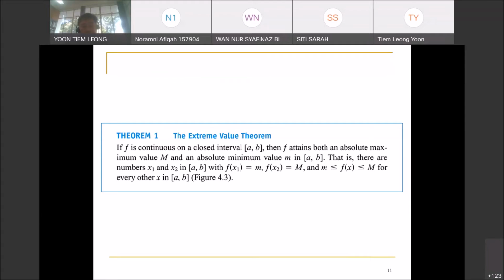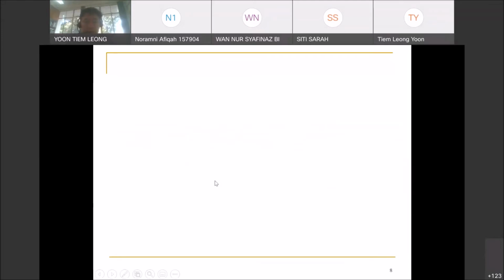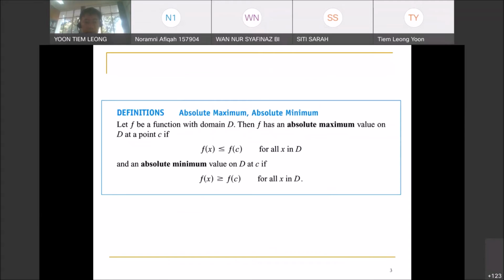So when the extreme value theorem is applied to a constant function, every value on the function is an absolute minimum, because the absolute minimum fulfills the definition of this condition. An absolute minimum is a number which is smaller than or equal to any other values, and because all the values are constant, the value of the function at all points is equal to any other point.